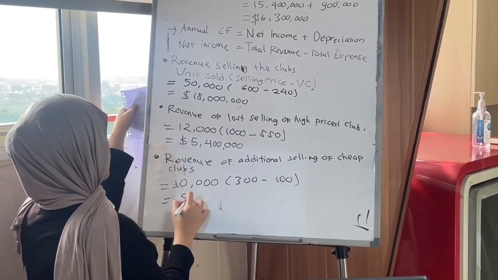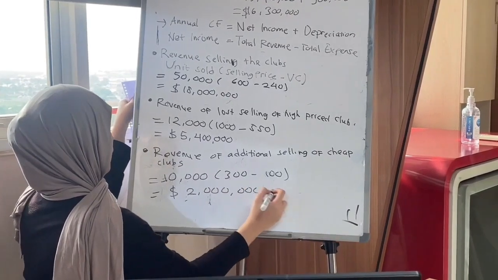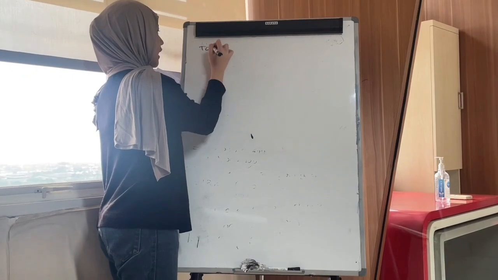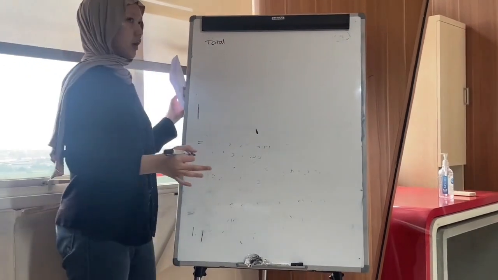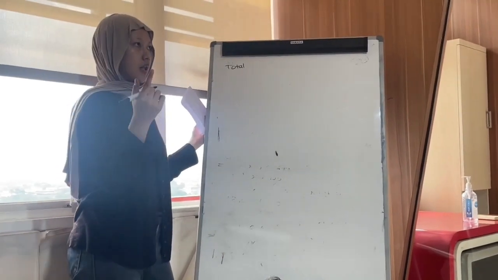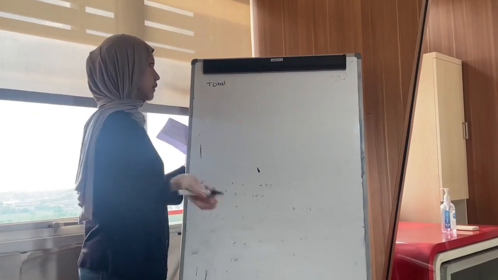It's equal to $2 million. Okay, we have the three revenues: from selling the clubs, loss from selling the clubs, and additional selling of clubs.